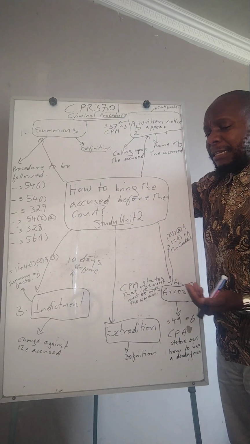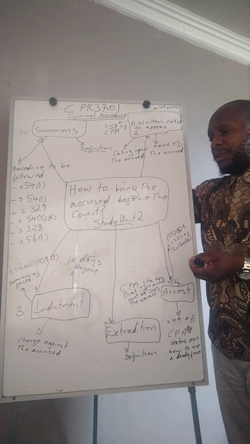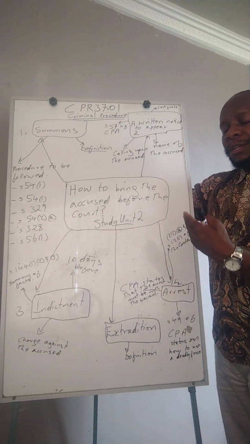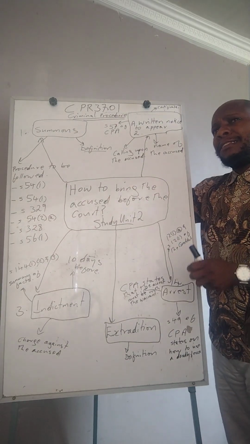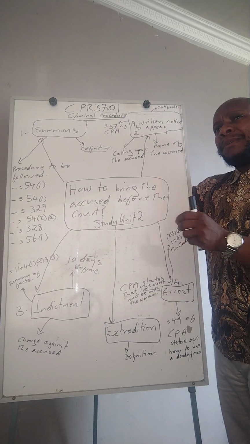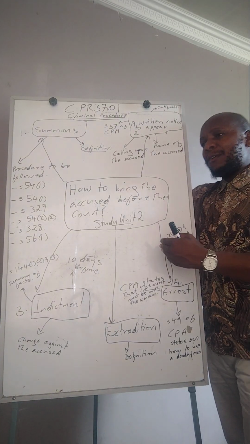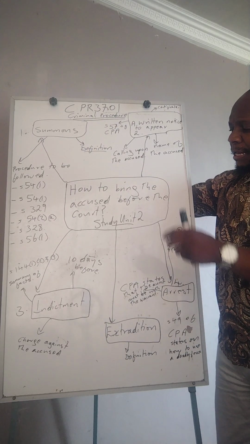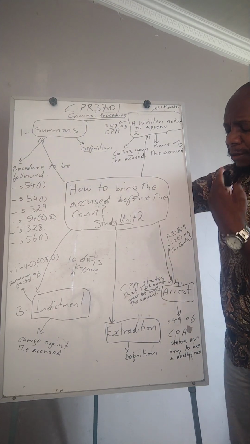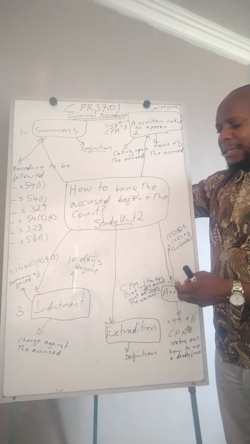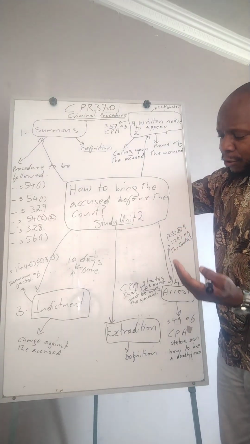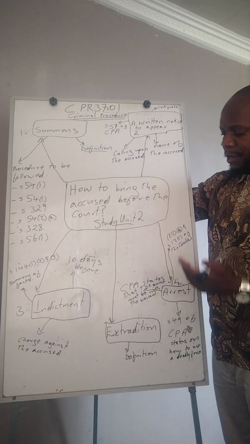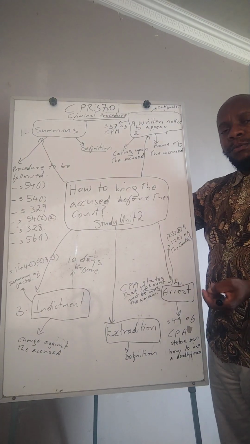So at a trial in the Superior Court, the charge is contained in a document that is called the indictment. That is after being drafted by the director of public prosecutions. And the indictment contains the charge against the accused, the name of the accused, the address of the accused, the nationality of the accused.